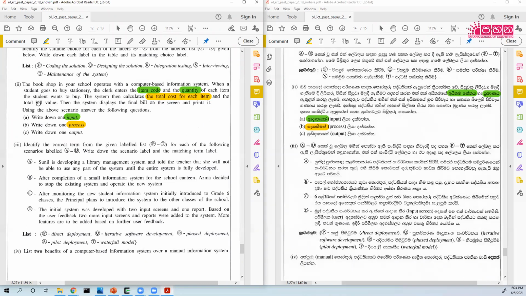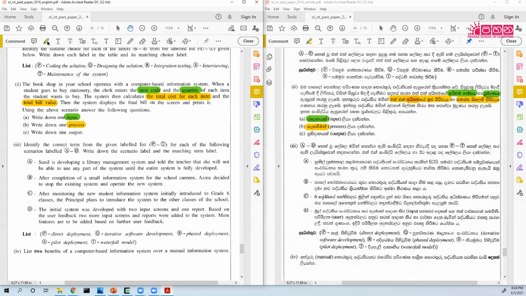Then you are calculating the total bill value. It says that both the total cost of each item and the total cost of the bill are calculated. So that means you are processing this. Very important.